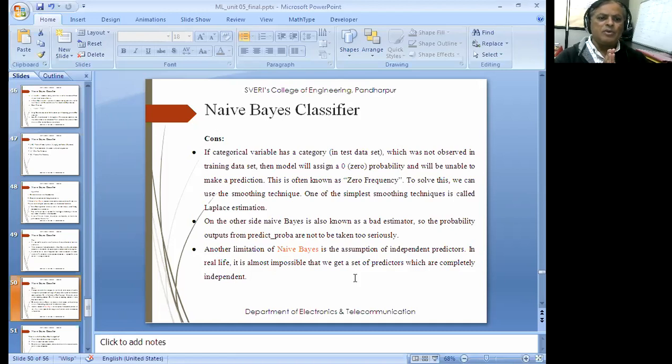But in a categorical variable, अगर टेस्ट डेटा सेट में देखा जाए जिसमें नहीं है और वो ऑब्जर्व हो रहा है ट्रेनिंग में, तो अनेबल हो जाता है, वो उसको प्रेडिक्शन करना मुश्किल हो जाता है.